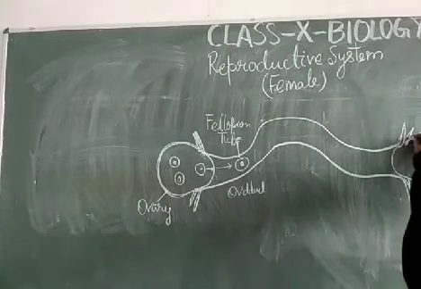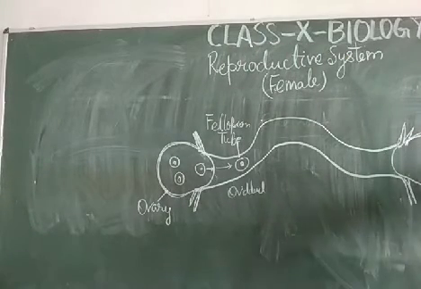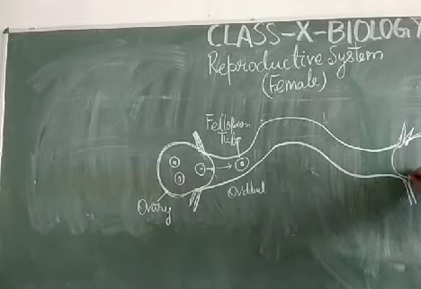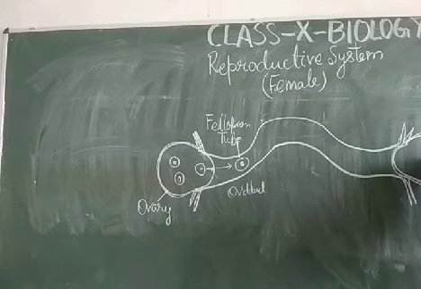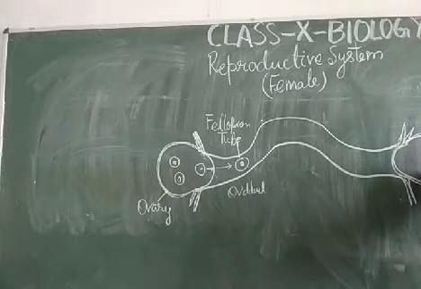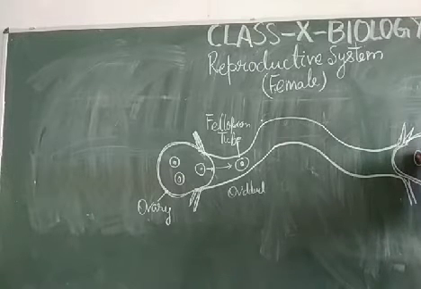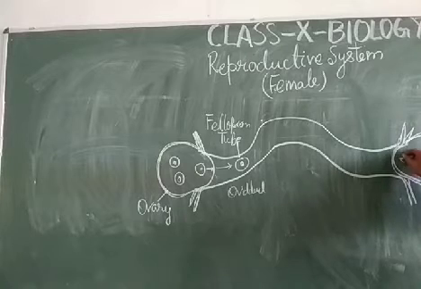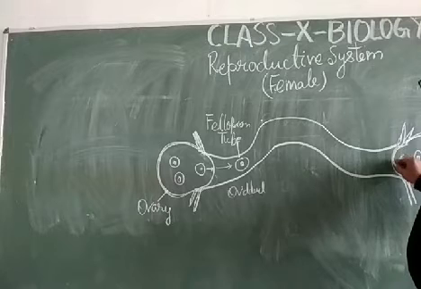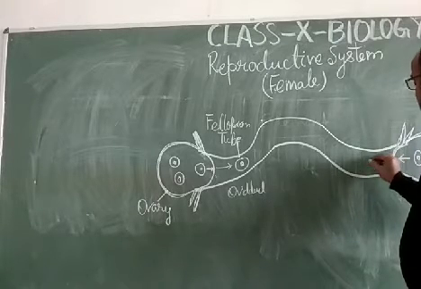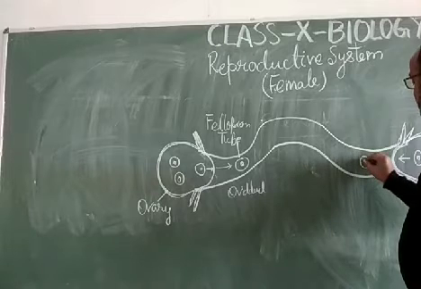So you see the detailed structure of this female reproductive system, and this is the intra-abdominal structure. This intra-abdominal structure is designed for the reproduction of a new individual, a new baby.